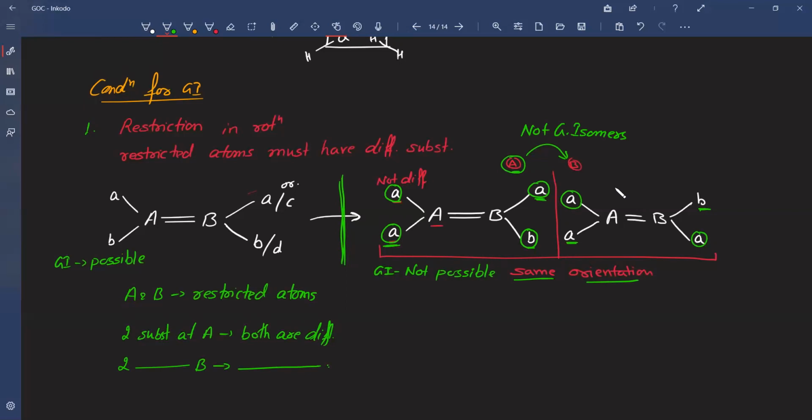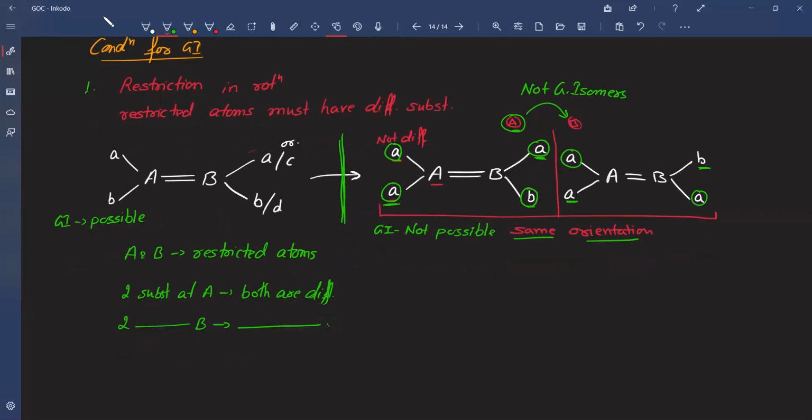In 3D, if you are going to give them some orientation, that this is orientation one and this is orientation two, you will have to define that orientation, that two substituents are on the same side or opposite side. But here we see that that definition for both the structures is the same, or both the representations are the same. So that's why this is a very important condition for geometrical isomerism. This is very important.